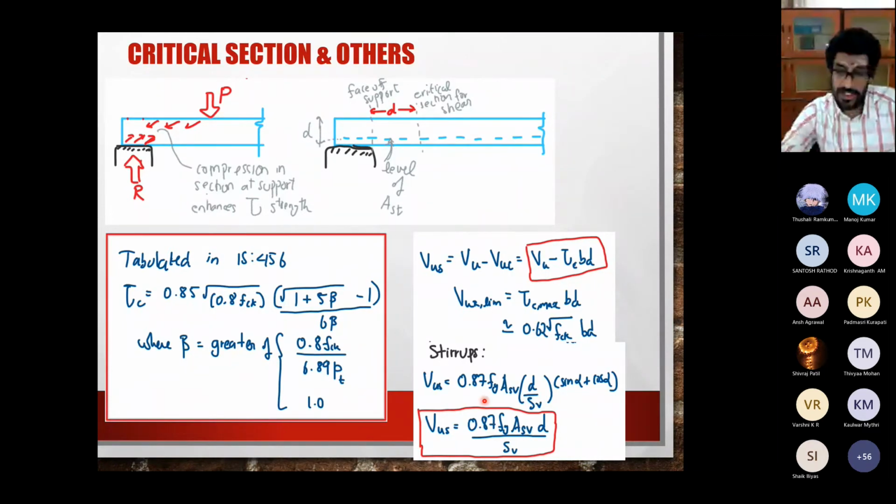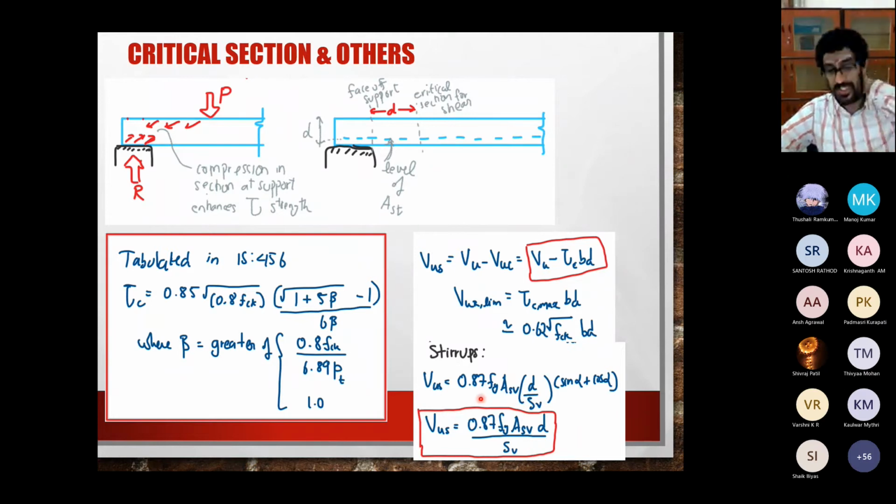That formula was based on the moment which is actually present in the beam, or the balanced moment, whatever you do. Similarly, for stirrups also you have a formula which, depending on the shear force which is present, you can use to obtain the area of shear reinforcement that you need.